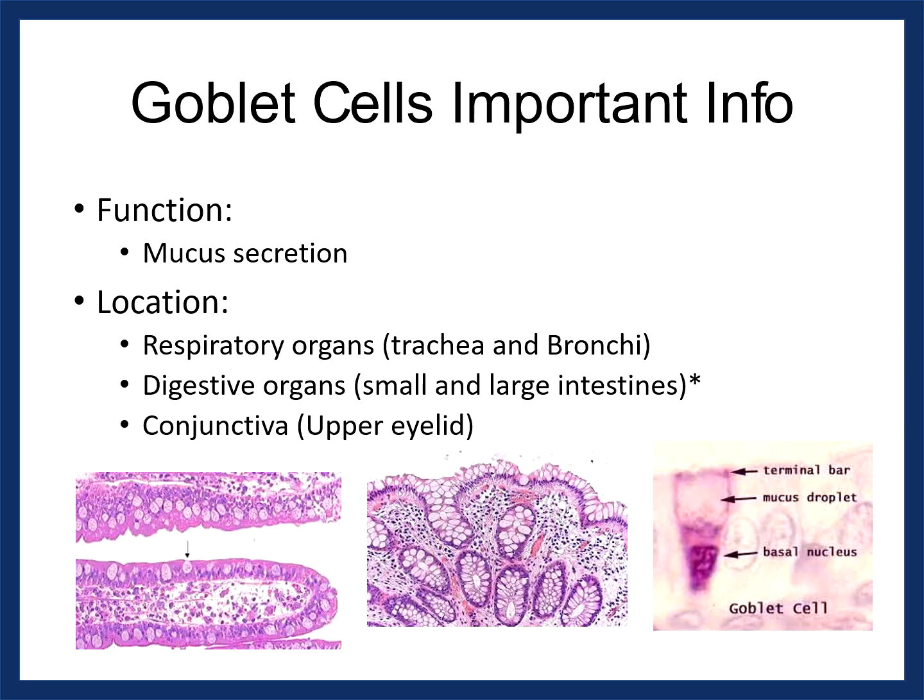So associate the goblet cells with mucus secretion, right? And we're going to find them in places where we are trying to capture things and prevent them from getting into the body, like the trachea or the large and small intestines. We only want nutrients to get absorbed and not bad things. Or the conjunctiva, which is like your upper eyelid.